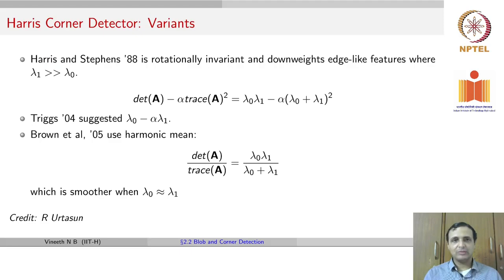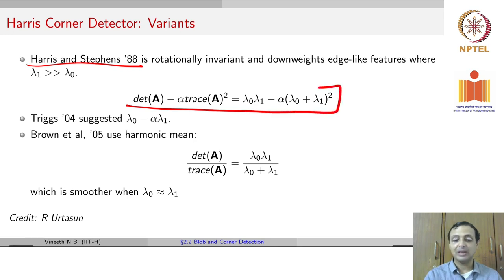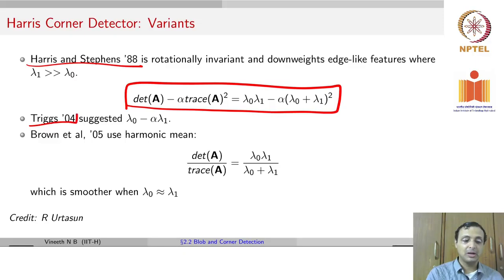While we saw one variant of the Harris corner detector here, which was developed by Harris and Stephens in '88, where we used the determinant minus kappa or alpha times your trace squared, there have been other improvisations of the same method, where a researcher, Bill Triggs, suggested that you can use lambda naught minus alpha lambda 1, where lambda naught is the first eigenvalue or the larger eigenvalue and lambda 1 is the second eigenvalue.